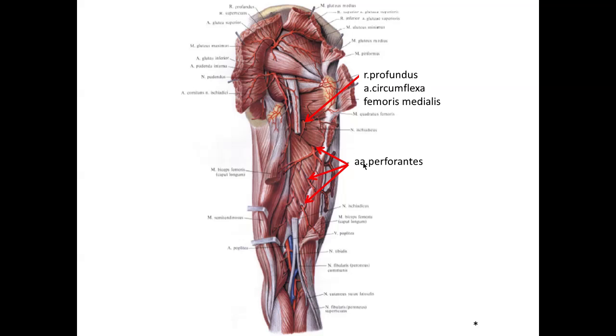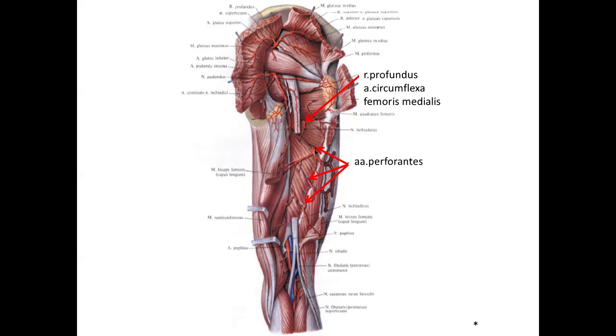And for understanding where these perforating arteries are located, let's compare them. So, arteria circumflexa femoris medialis, its ramus profundus, arises here between quadratus femoris and the most superior head of musculus adductor magnus. So in this gap we can find the ramus profundus of arteria circumflexa femoris medialis.